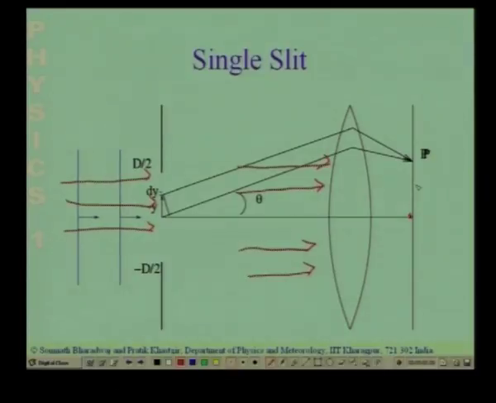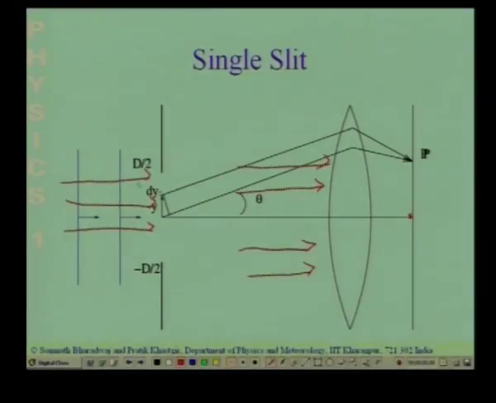So, in geometrical optics you would get a very sharp point which has no size, a very bright sharp point located at the center of the screen. You do not expect to get any size for it. So, you would predict a very bright spot at the center of the screen and nothing else.